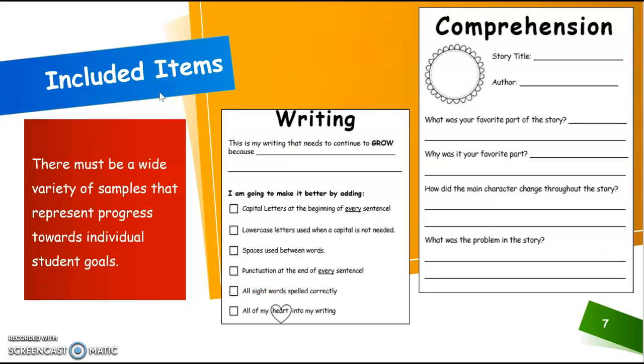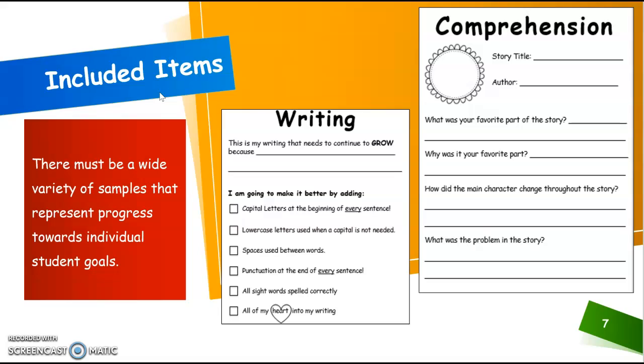So the final section of my student portfolios are going to be actual examples of student work. This could be anything from reading comprehension questions, checklists for writing, maybe an addition page to show their understanding of math facts.